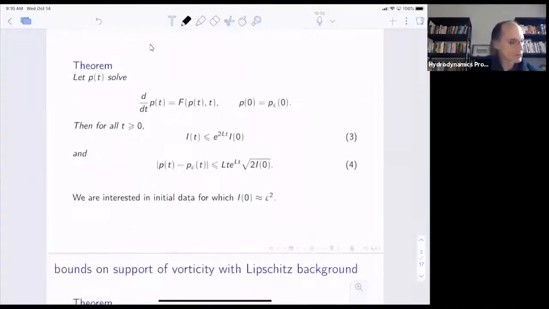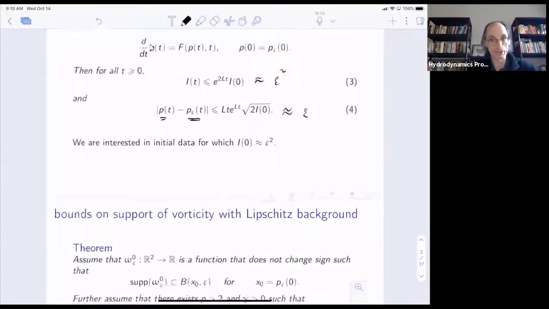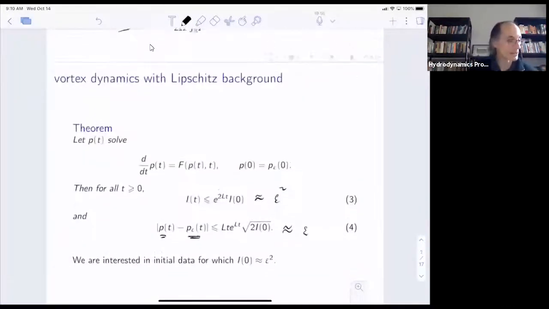And so we proved then that the moment of vorticity around the center of mass remains of order epsilon squared in the setting we're interested in. And the distance of the center of vorticity, P epsilon, from something we get by solving the ODE, P, is of order epsilon. And so here this is the ODE that just comes from the velocity field given by the background flow. Okay, this is one of the ingredients.